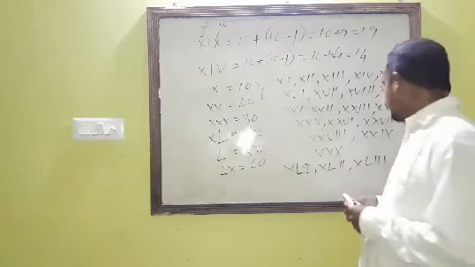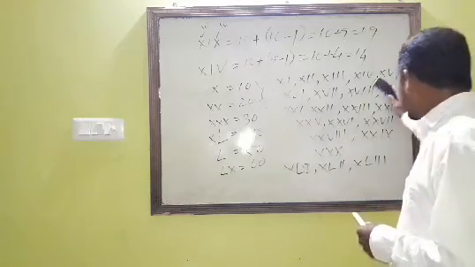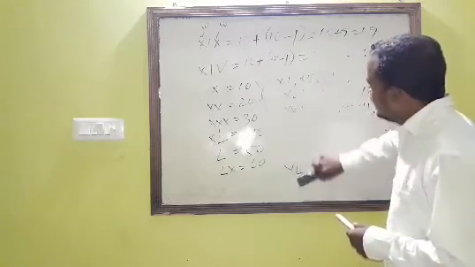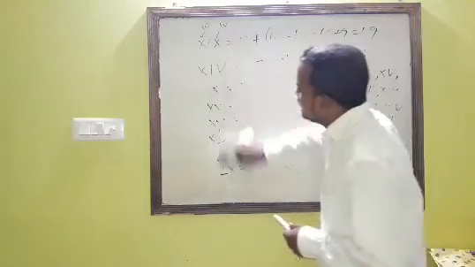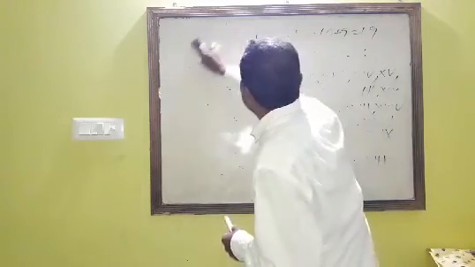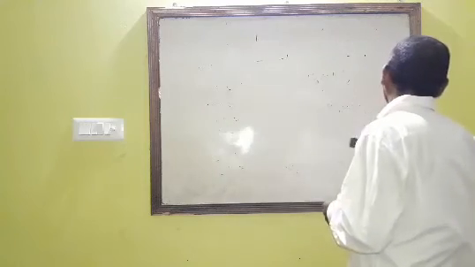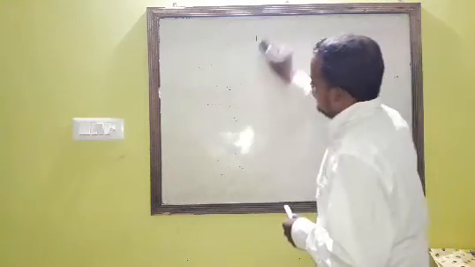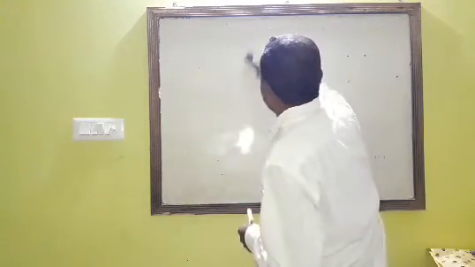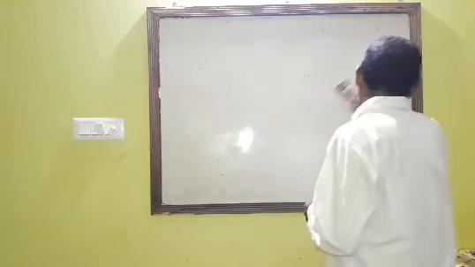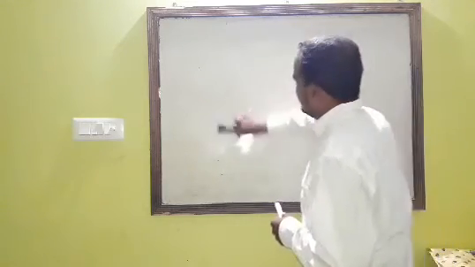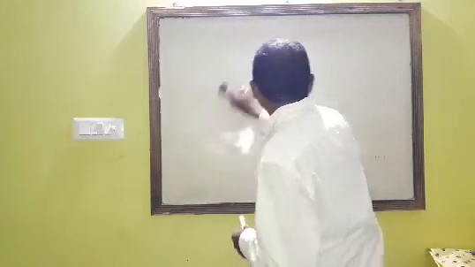And listen students, just like we have 0 in the Hindu-Arabic system, you cannot find 0 in Roman numbers. Okay, there is no such symbol or Roman numeral which has value equal to 0.